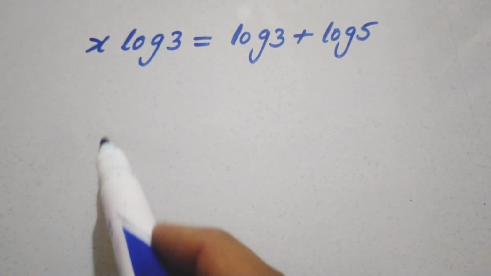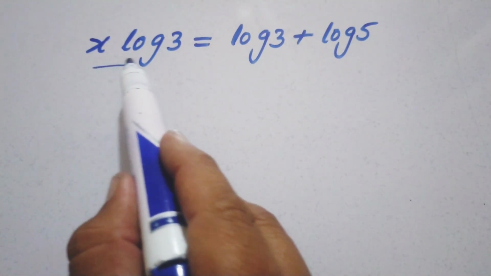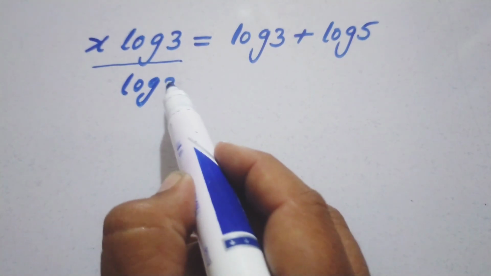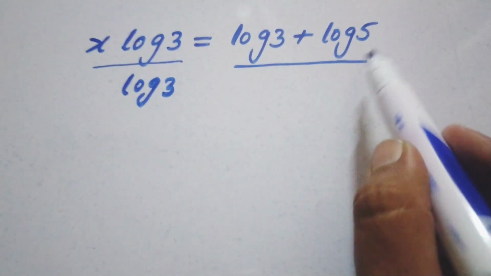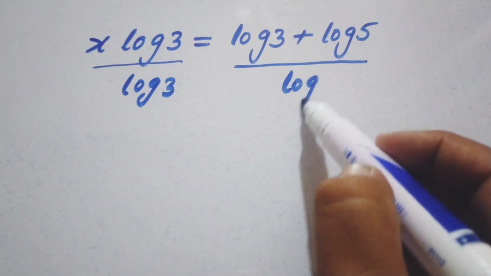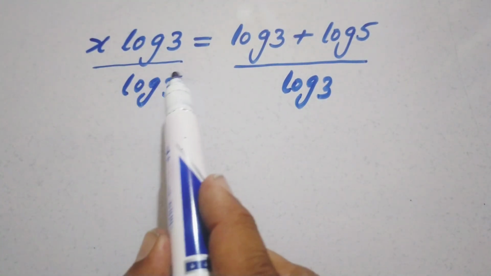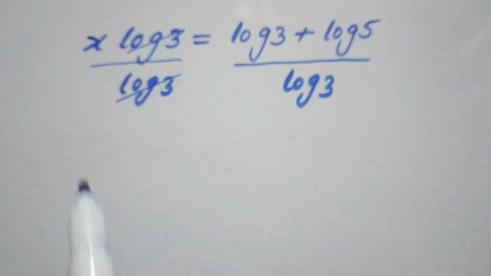As our job is to find the value of x, dividing both sides by log 3. So this log 3 from the denominator and the numerator cancel out each other.